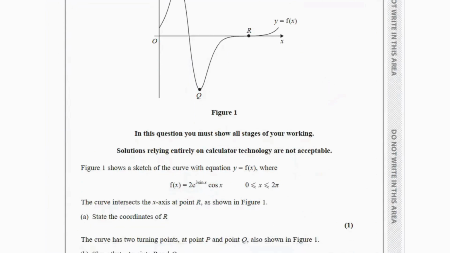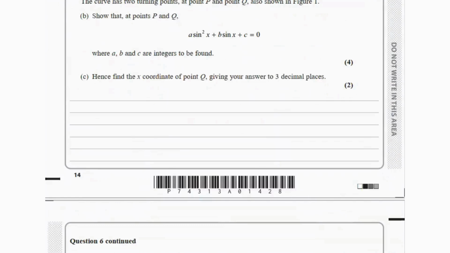So we'll put f of x equals 0 for this because it's an x-intercept. So 0 equals 2e to the power of 3 sine x times cos x. So we're going to divide 0 by 2e to the power of 3 sine x, which gives us 0. So 0 equals cos x.